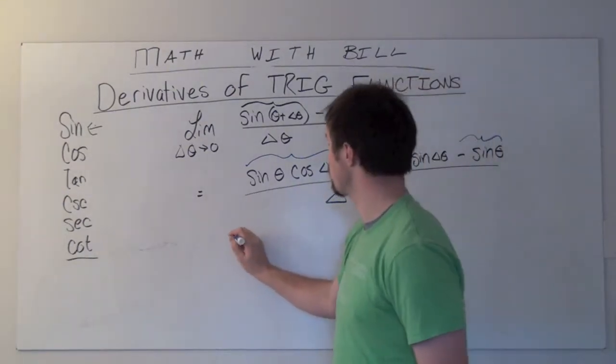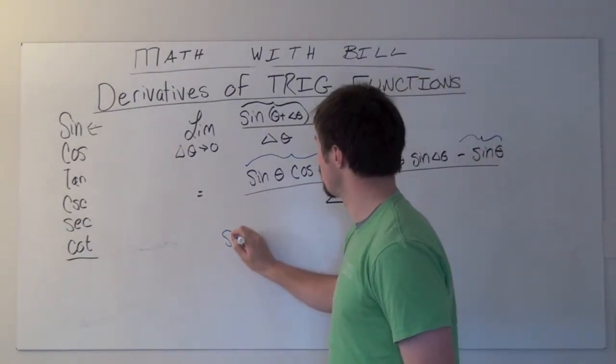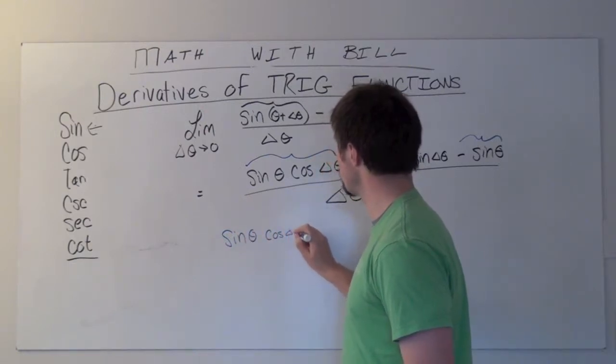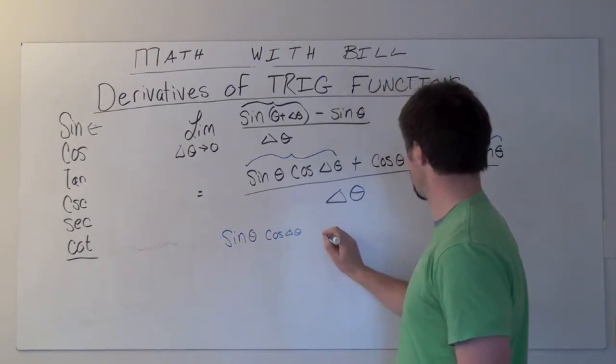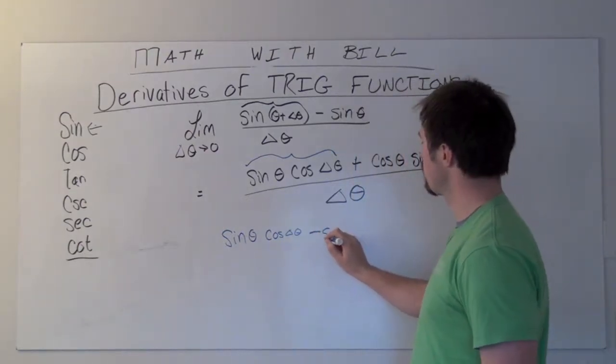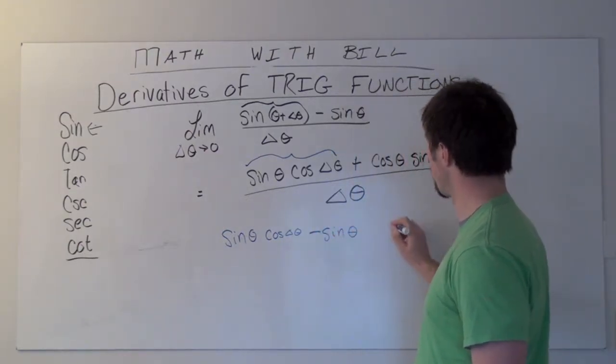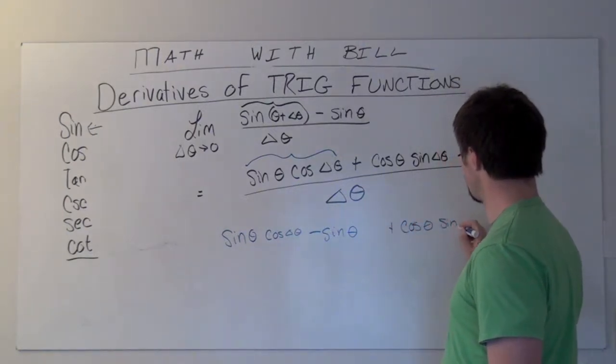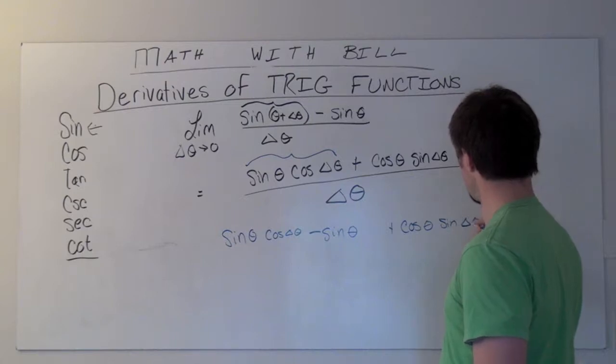Rewriting this, I now have sine theta cosine delta theta minus sine theta, and then plus cosine theta sine delta theta.